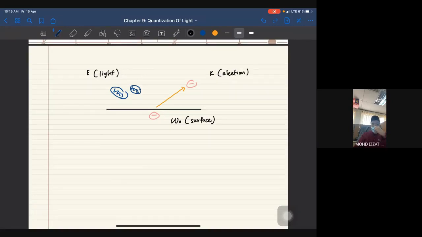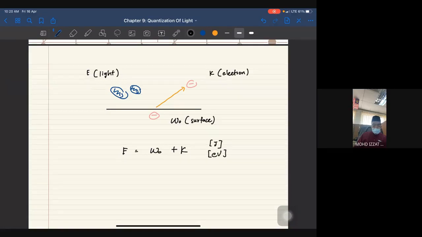The key thing here, we can write the Einstein equation where E is equal to W naught plus K. Remember that E, W naught and K are all energy. Sometimes they use the unit joule, sometimes they use the unit eV.